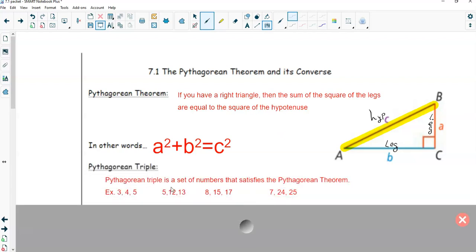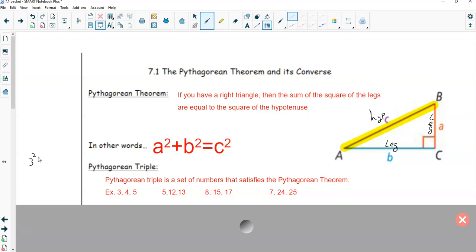Here are some Pythagorean triples, which only means that these numbers satisfy the Pythagorean theorem. I'm not going to ask you to memorize them, but it's good to do it, because that way it saves you time. One curious thing about Pythagorean triples is that if you have 3, 4, and 5, for example, that satisfies a squared plus b squared.